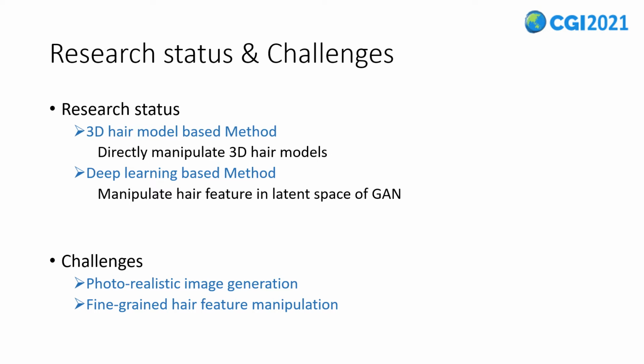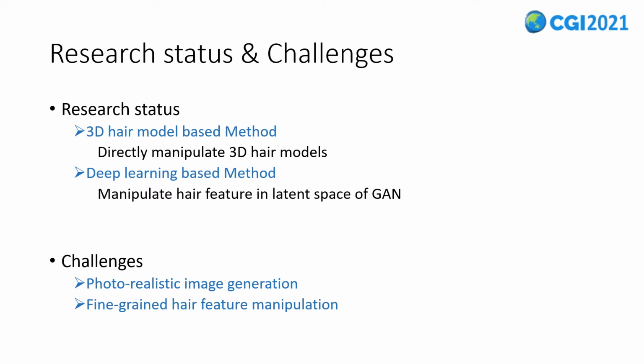There are two kinds of hair transfer methods. One of them is 3D hair model based, and the other is deep learning based. With 3D hair models, we can control every single strand of hair directly. However, it is still hard work to render 3D models into photorealistic images.